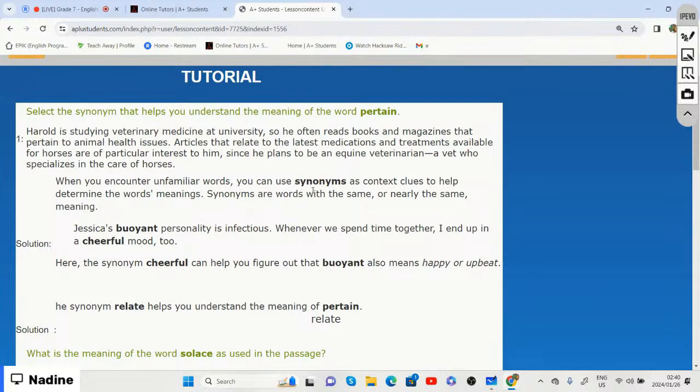Articles that relate to the latest medication and treatment available for horses are of particular interest to him since he plans to become an equine veterinarian, a vet who specializes in the care of horses. Right? So we now need to select the synonym that helps you understand the meaning of the word pertain. So pertain.